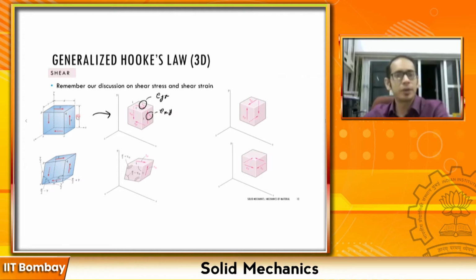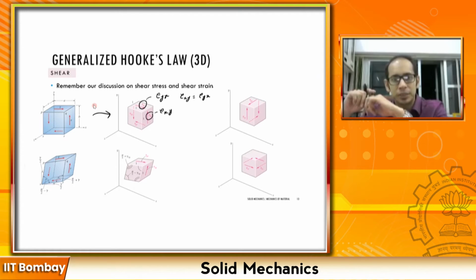Now remember that for this one, what we had derived, that this tau and this tau must be equal to maintain equilibrium of that element, right? And for the balancing of the moments and so on. So what this essentially means is that my tau xy must be equal to tau yx, right? Now going back to my basic relationship between tau and the corresponding strain.